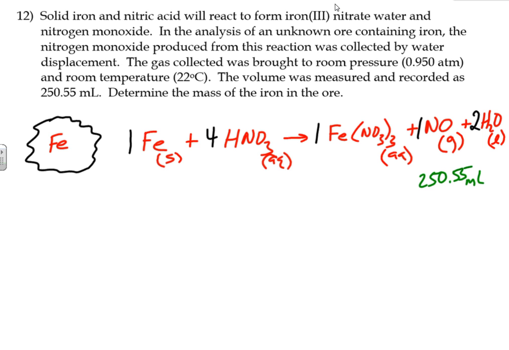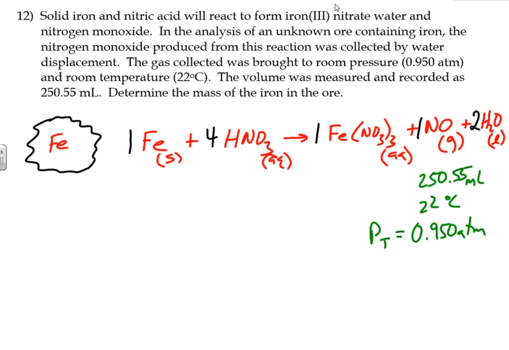We know the temperature is 22 degrees Celsius. And we know that the gas collected was brought to room pressure of 0.950 atm. The only thing we have to remember is that that's the total pressure. So to get the pressure of just the nitrogen monoxide, we're going to have to subtract out the vapor pressure of the water.